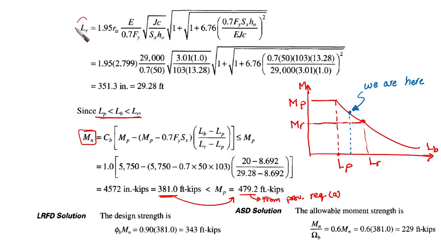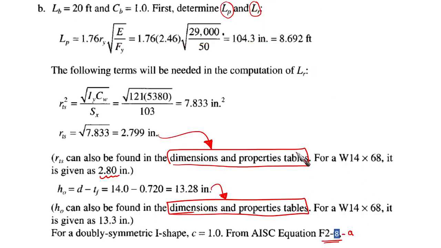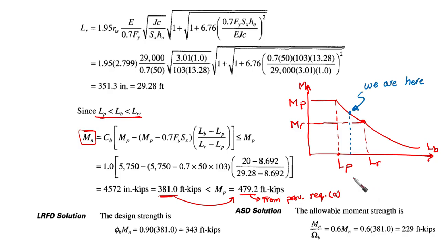Then L_r can be calculated from this long equation simply by substitution. You're going to find that L_r is 29.28. So L_p, previously, was 8.6, and L_r is 29.28.